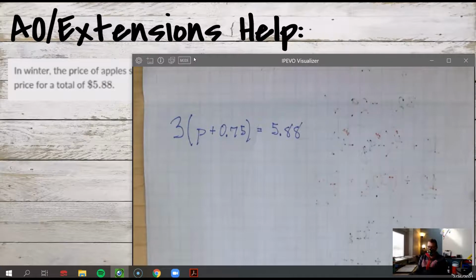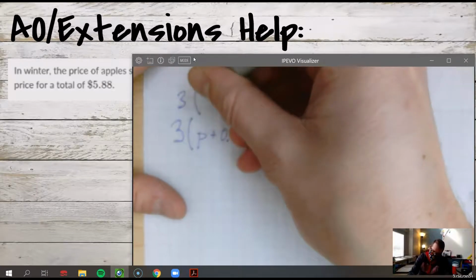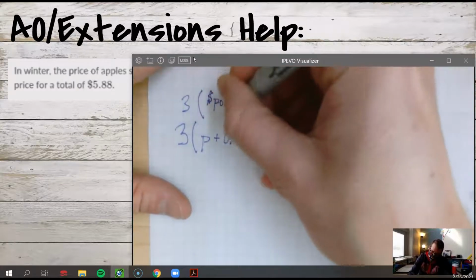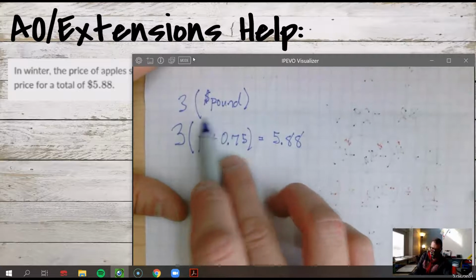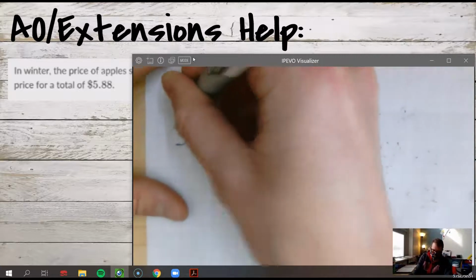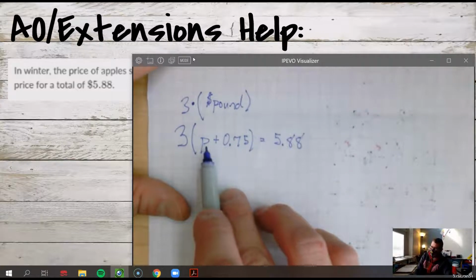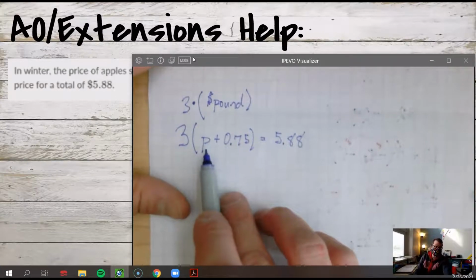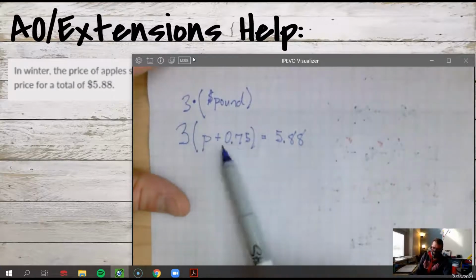So, we are buying 3 pounds of apples, right? So whatever a pound of apple costs, that's what is going to be multiplied by 3. But the price, P for price, not P for pounds, right? P for price. It's price per pound, but this is going to be the price, has gone up.